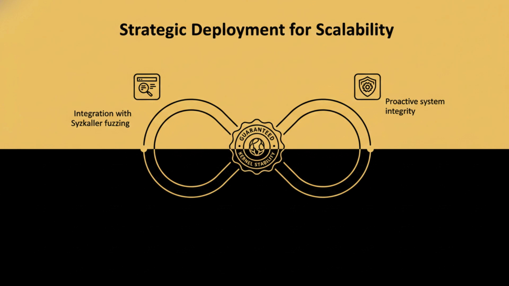Mastering KASAN is about more than just debugging. It is about building a proactive culture of system integrity. For ultra-scalable systems, integrating KASAN into automated fuzzing frameworks like syzkaller is a game-changer. This combination can discover thousands of kernel bugs before a single line of code is committed. As you scale your infrastructure, ensure that your kernel testing pipeline includes KASAN-enabled builds.